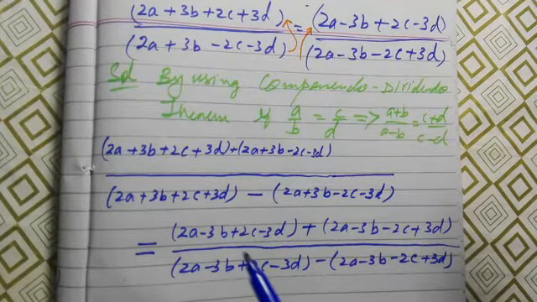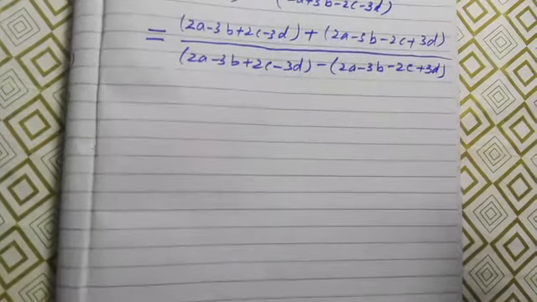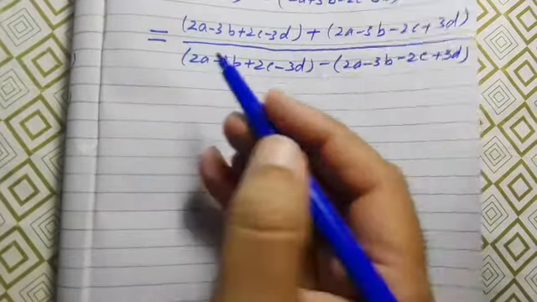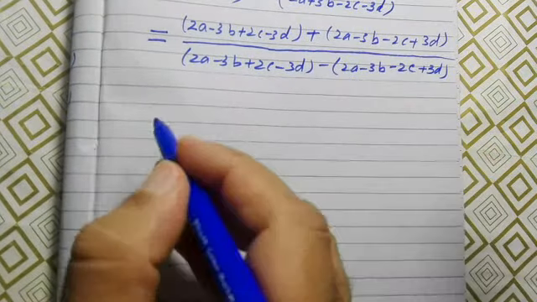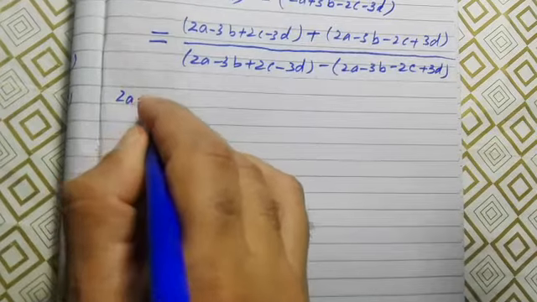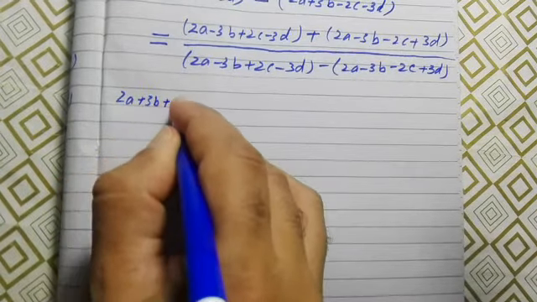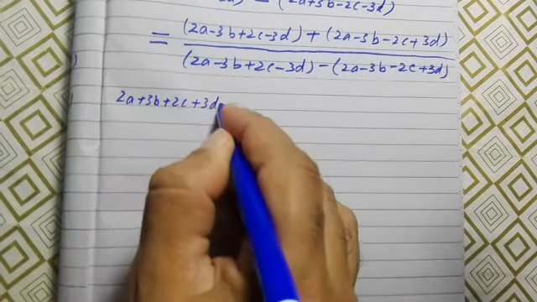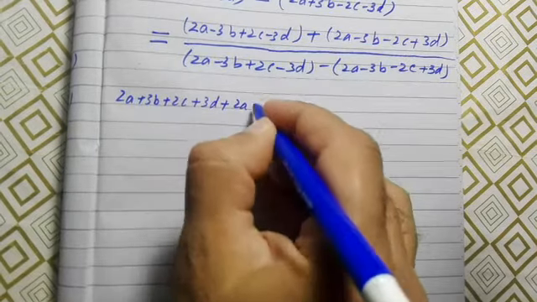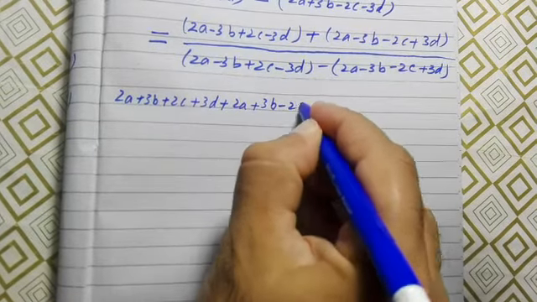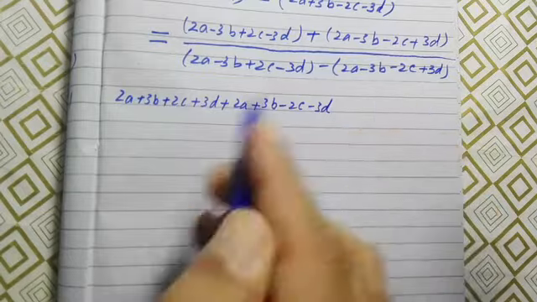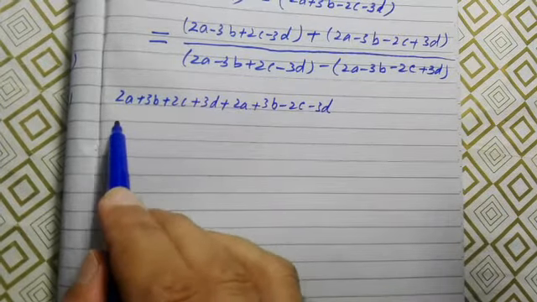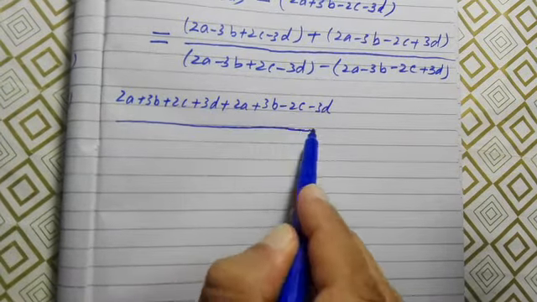For that, I will write 2a plus 3b plus 2c plus 3d plus 2a plus 3b minus 2c minus 3d. I'm writing the left hand side and just removing the brackets.